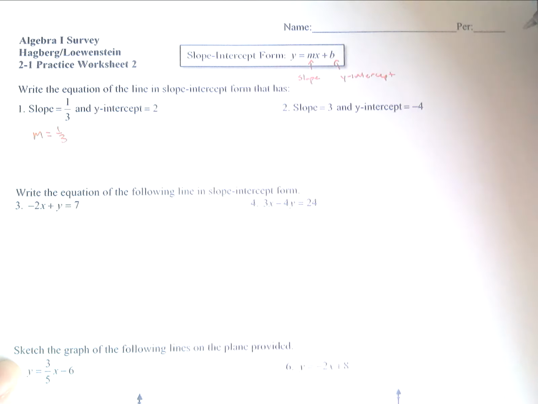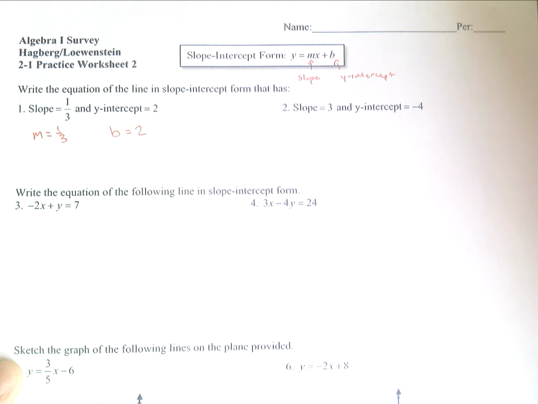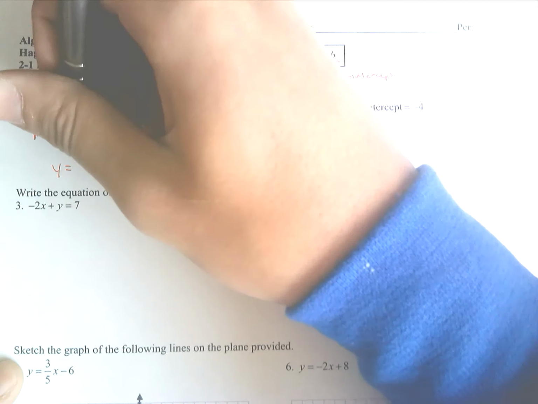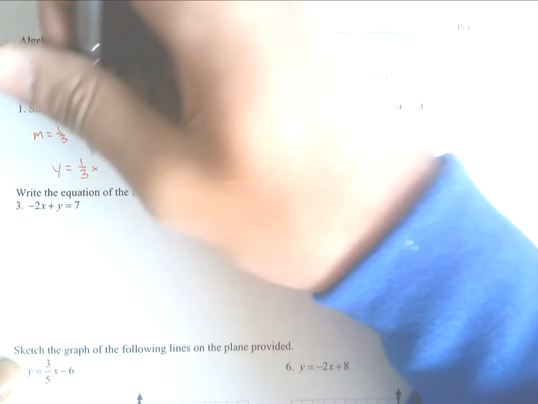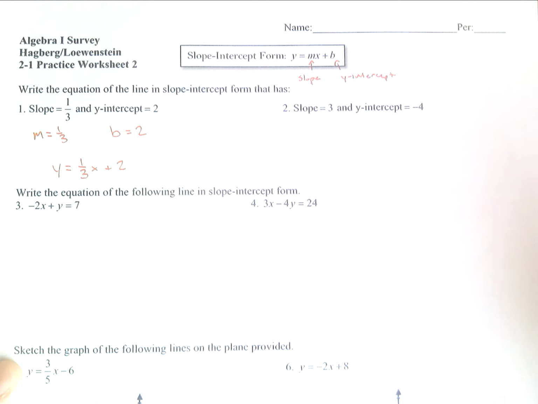Our y-intercept, 2, is going to be b. So plugging that into y equals mx plus b, we have y equals 1/3 x plus 2. And that's our answer. This is in slope-intercept form.